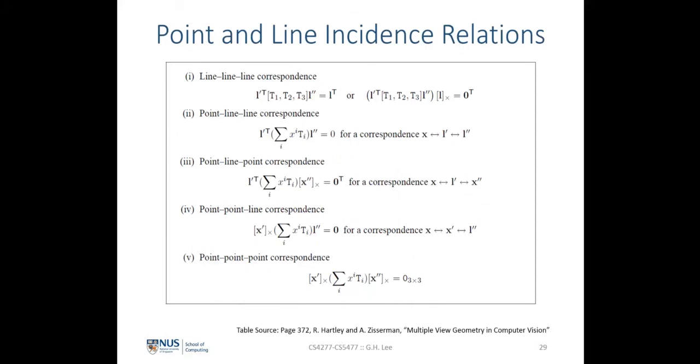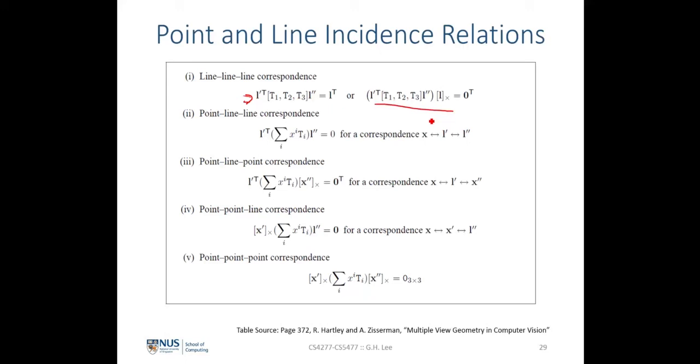Now, here's a table that summarizes all the point and line incidence relations that we have seen earlier on. It all started with this incidence relation, the equation that we derived when we derived the trifocal tensor. Taking the cross product to eliminate the unknown scale, we get this.